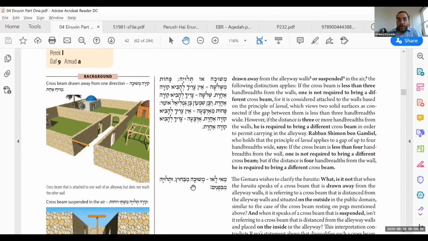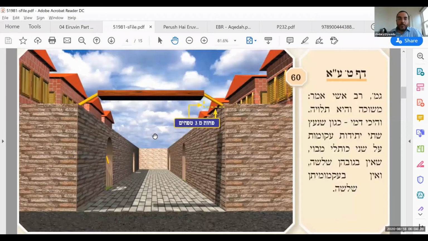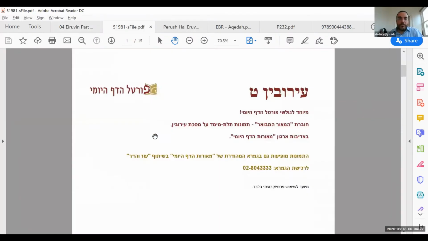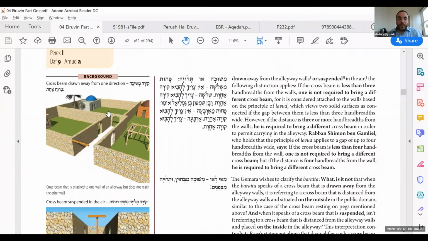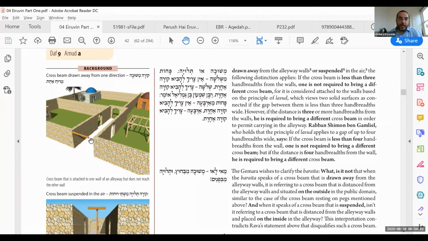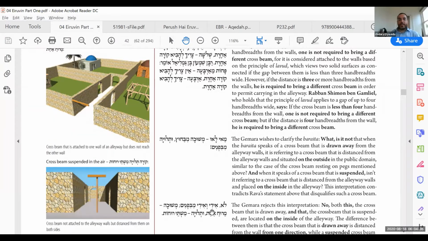What does mishucha mean? Isn't that talking about our case? I have some fancy pictures here for you. Isn't it talking about our case, the same as Rava, where it's in front, the picture on the previous page? It says no, and teluya means inside, like this case. It says no, idi v'idi mibifnim, mishucha meroch achat utula meroch b'shtei ruchot.